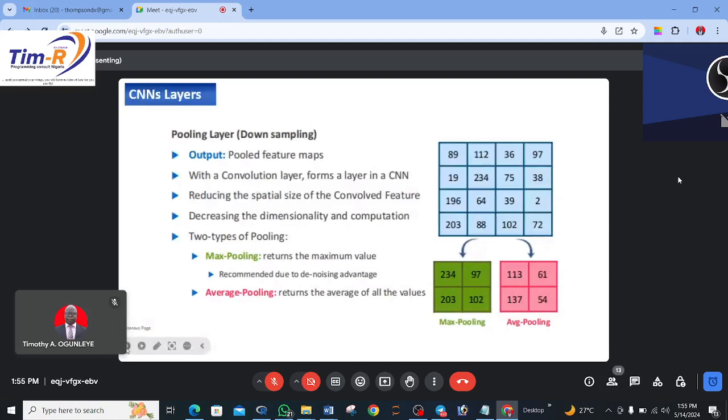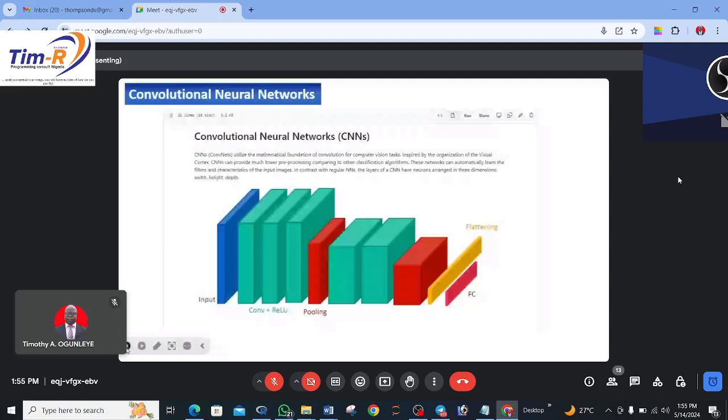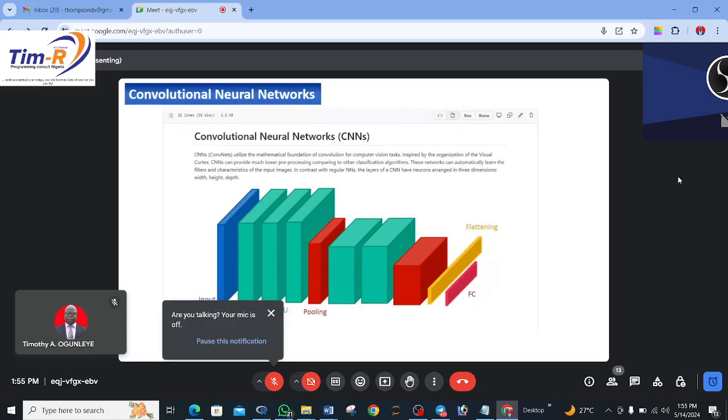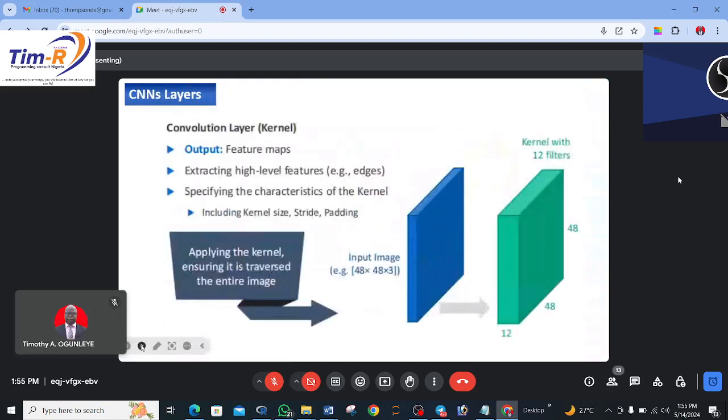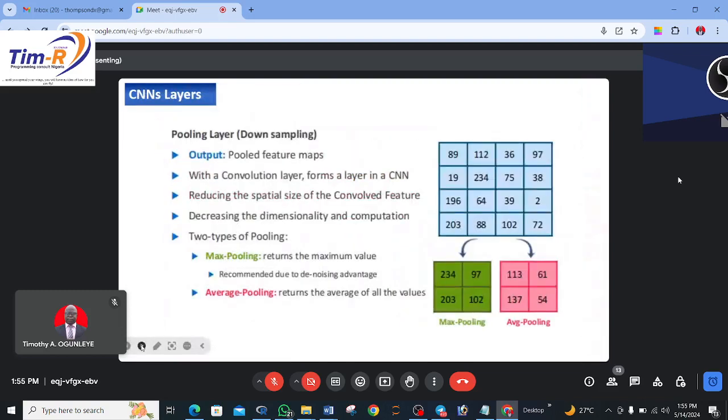Like I said, when the convolution and the ReLU activation function work together with the input features, the output is a feature map, which the pooling actually helps us to bring out.